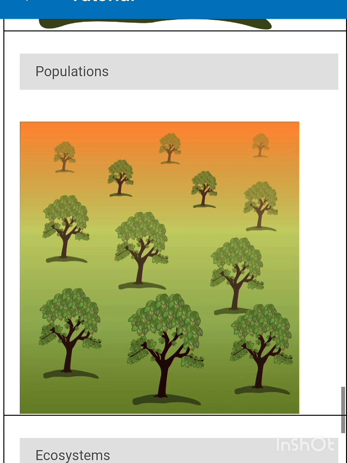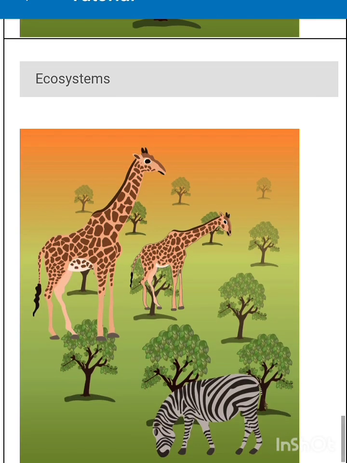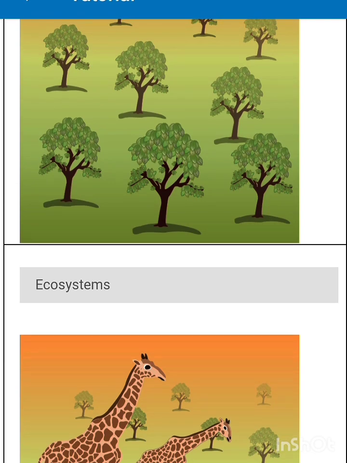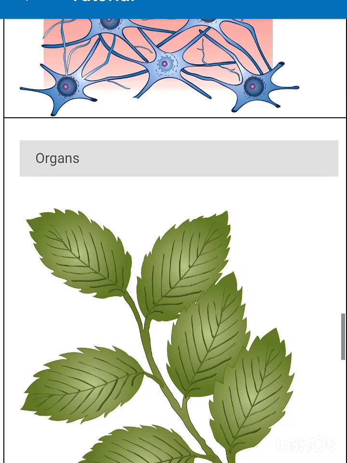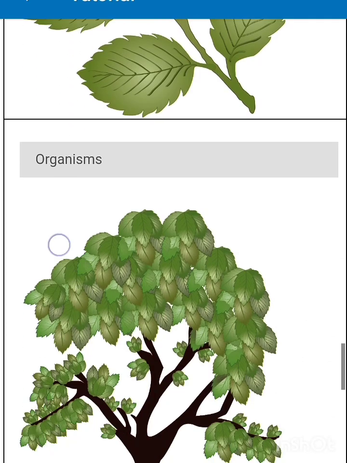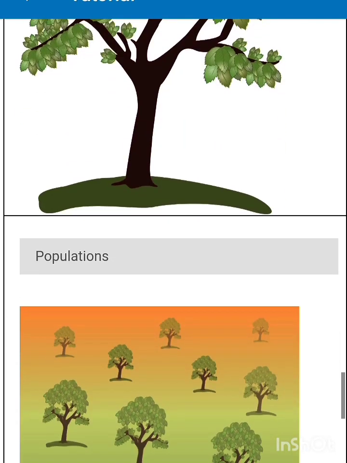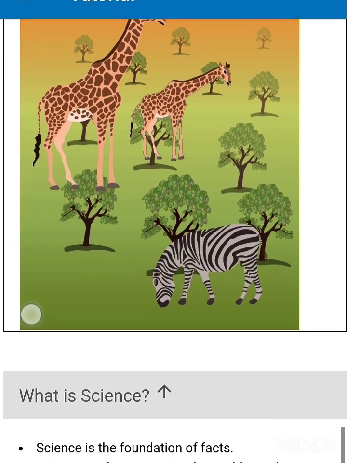Population. Ecosystem. When the cells, atoms, population, organs, and tissue are combined with each other in one place, it makes ecosystems.